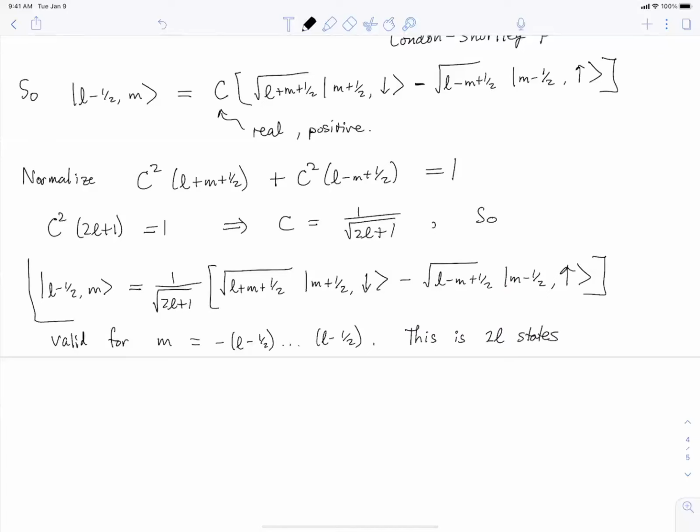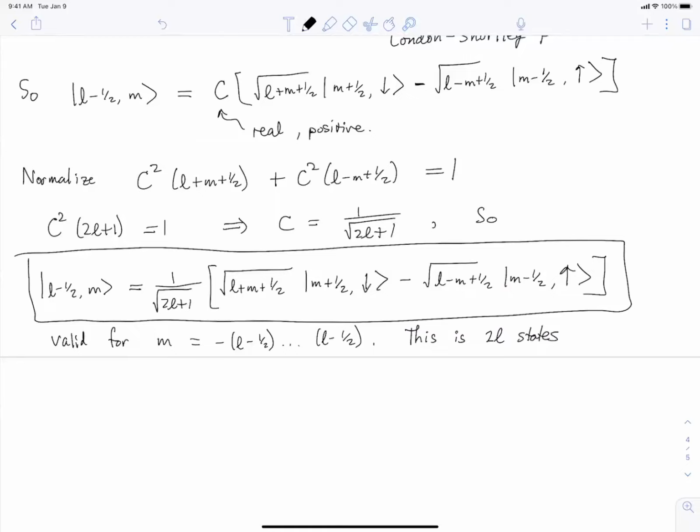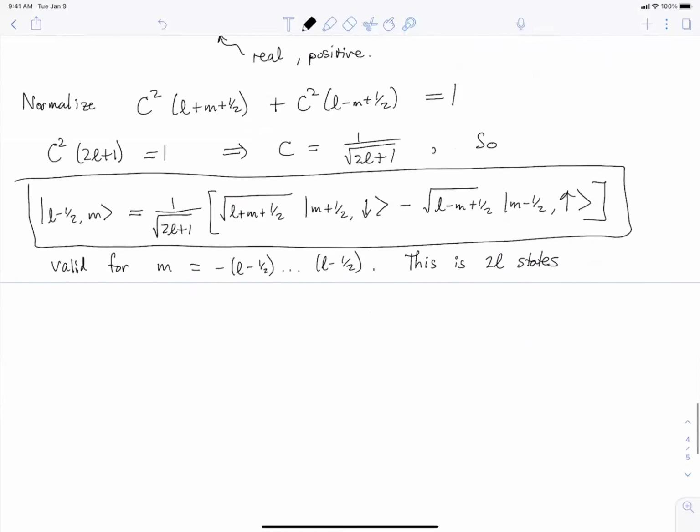Okay, so we have found, in fact, the full set of total angular momentum eigenstate basis states in terms of the product basis.